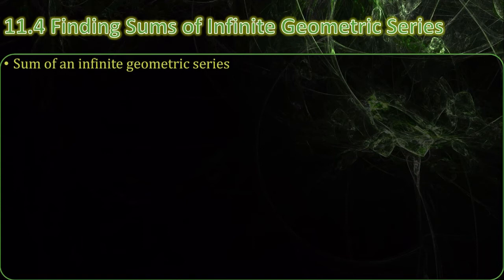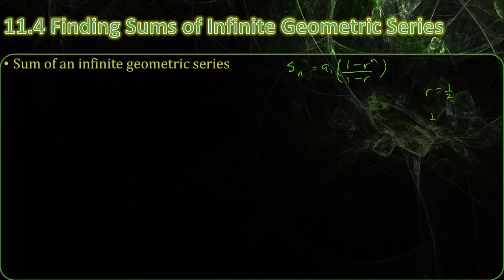All right, the sum of an infinite geometric series. Well, the sum of a geometric series was that. However, if n becomes very large, let's consider that if r is a fraction, like a half, let r be a half.